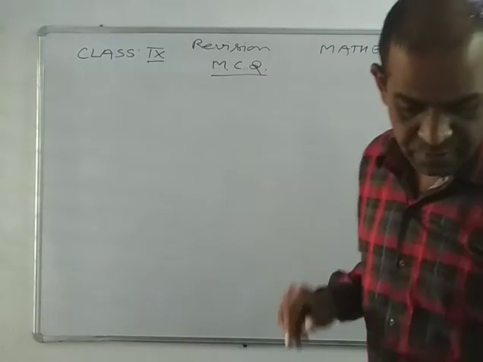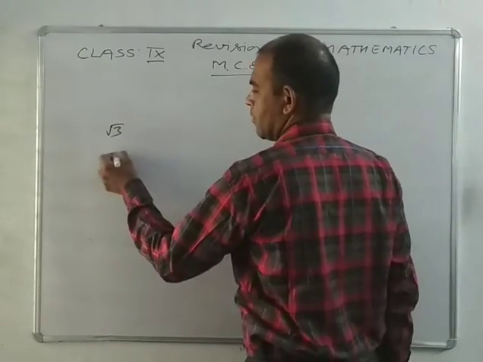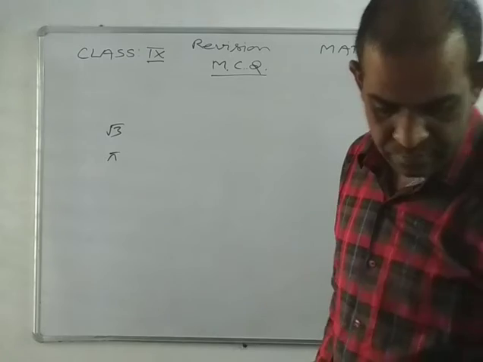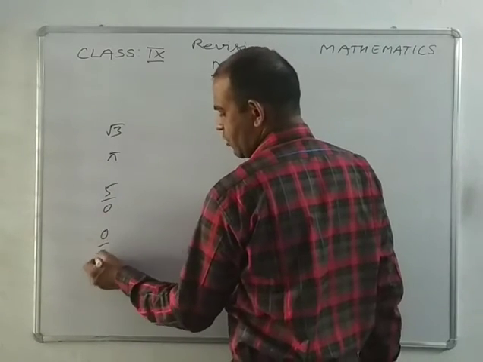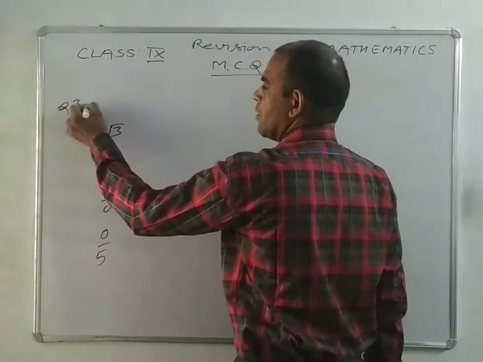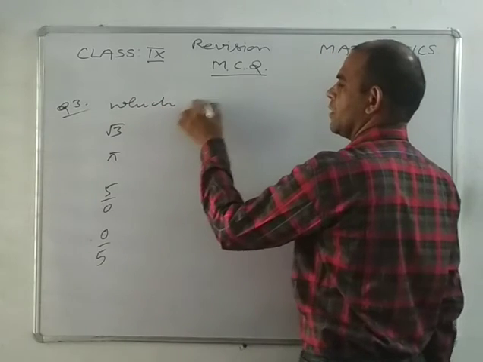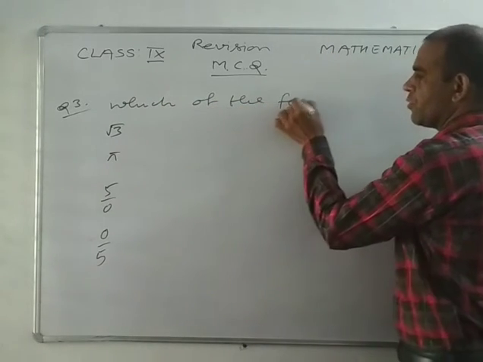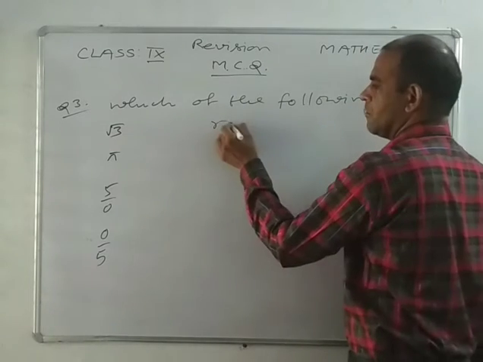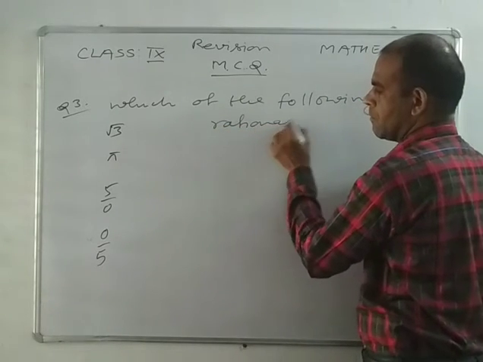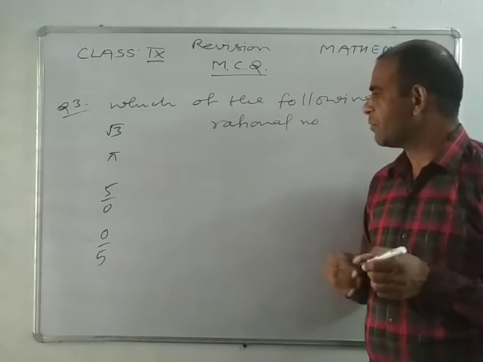Here the numbers are root 3, pi, 5 by 0 and 0 by 5. Out of these numbers, which of the following is rational? We should identify the rational number.